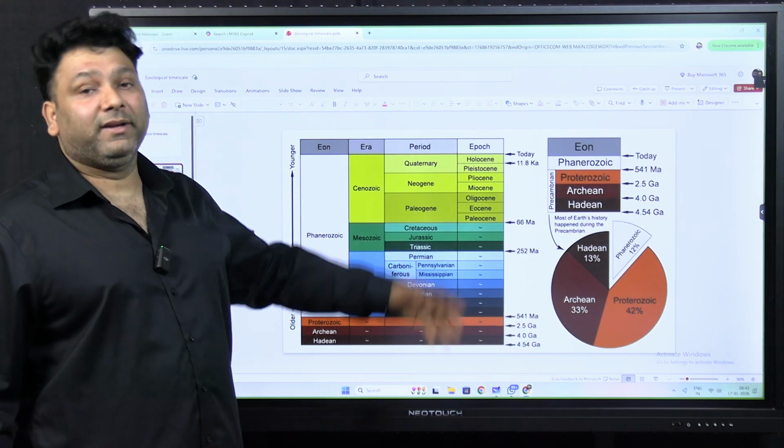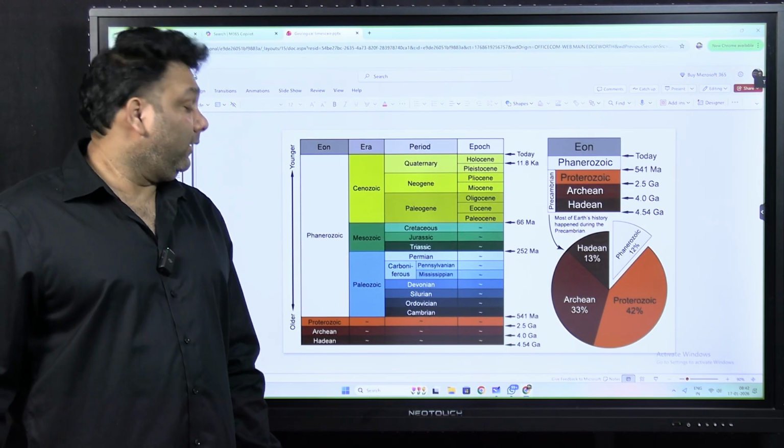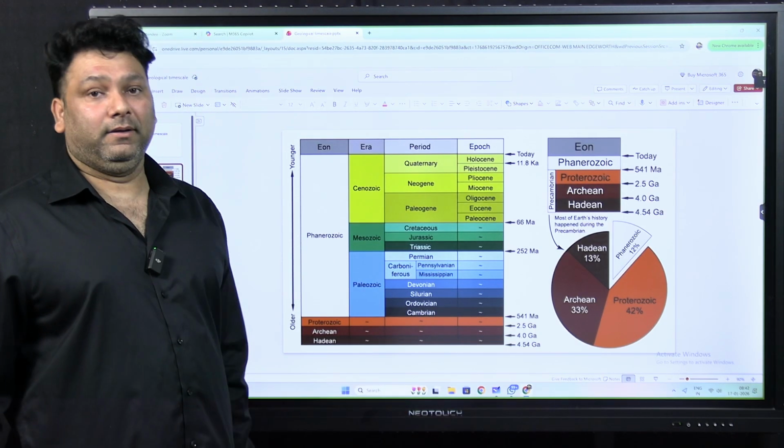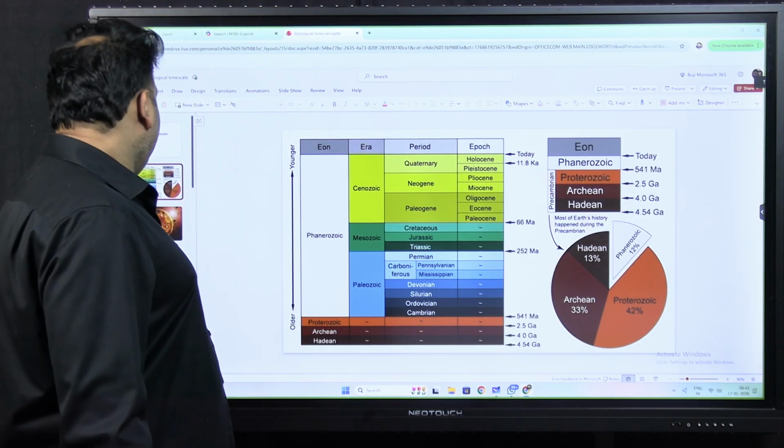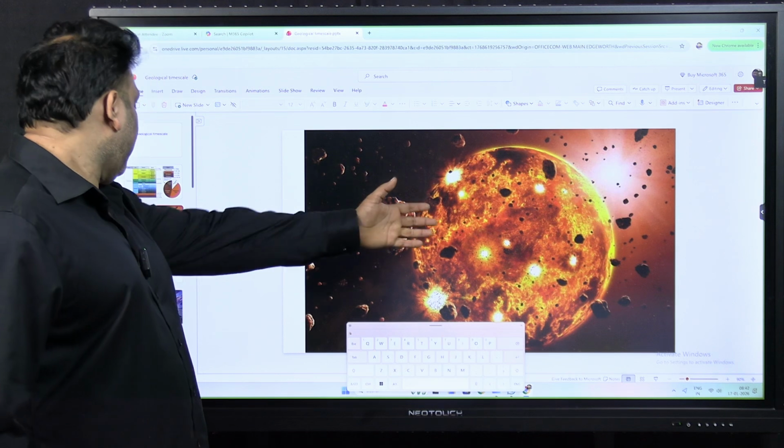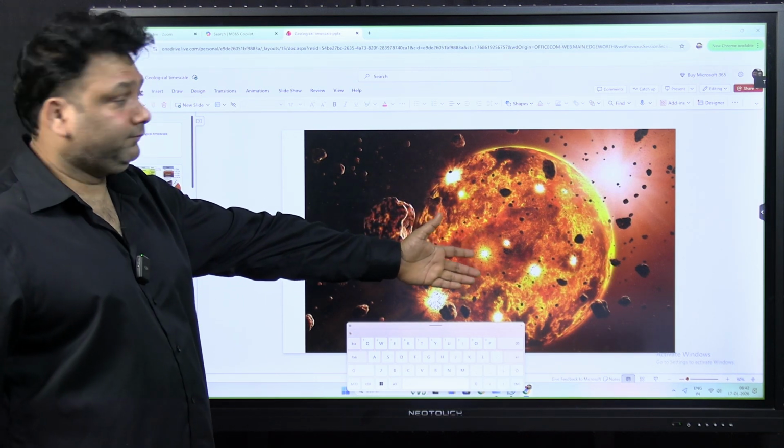Only then will the geological time scale change. Now, earlier there was no life, around 4.6 billion years ago. So this was the condition of the Earth during that time.